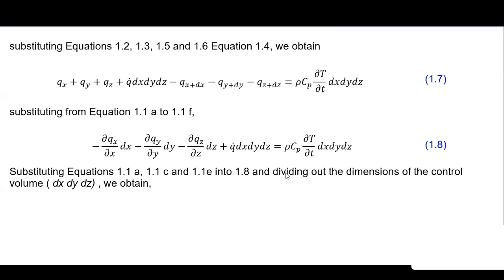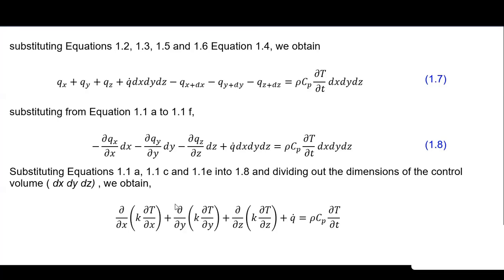What is the common thing? Dividing out the dimensions of the control volume, that is dx, dy and dz. So substituting the values of Qx, Qy and Qz and dividing the entire equation by the volume dx dy dz, we get the final equation as this.